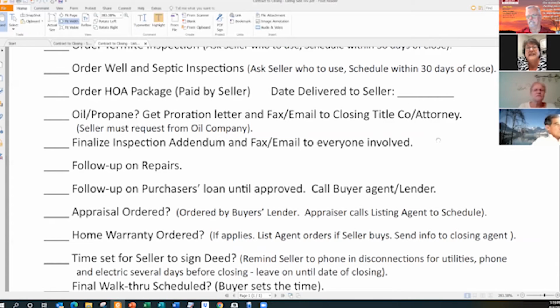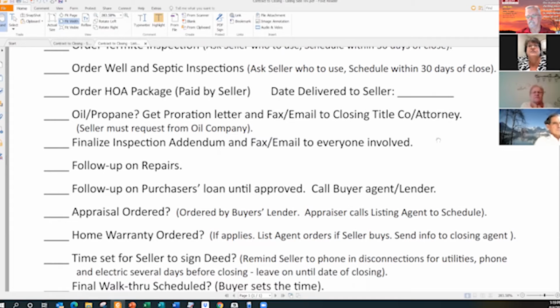But we take for granted that sellers and buyers understand all this because we talk about it every day. A lot of them don't. I've had some wonderful sellers who, as soon as they get that repair addendum, they just start fixing things or start hiring people to do it because they think, well, that's what I'm supposed to do. So make sure your clients understand the process, that they're only going to have to fix the things that end up being agreed to.